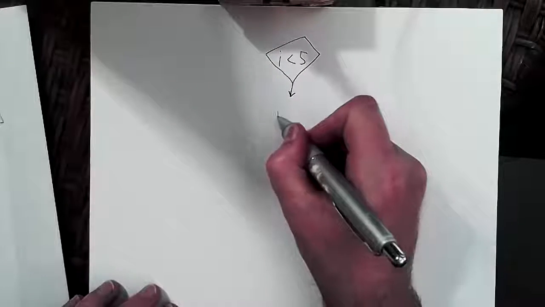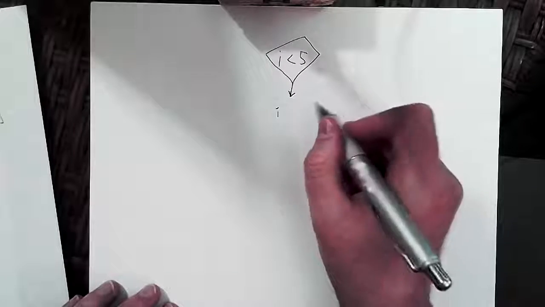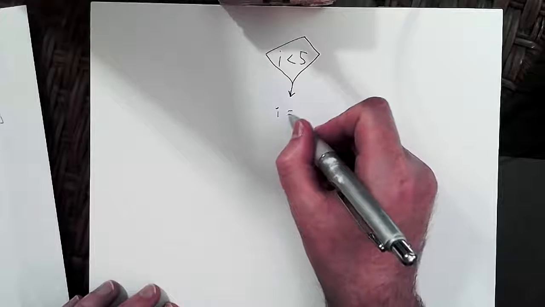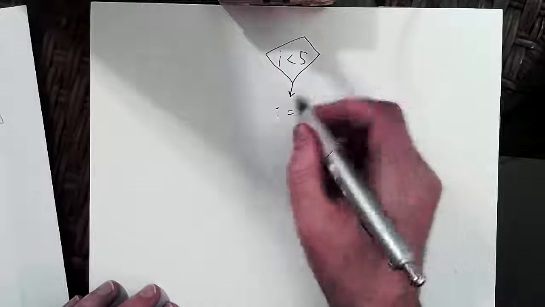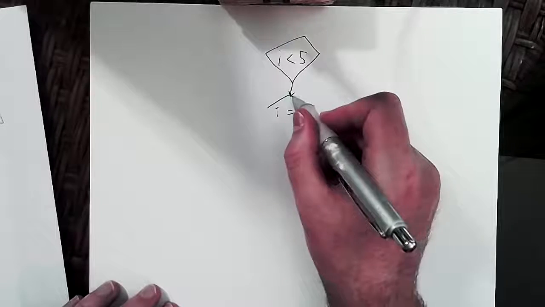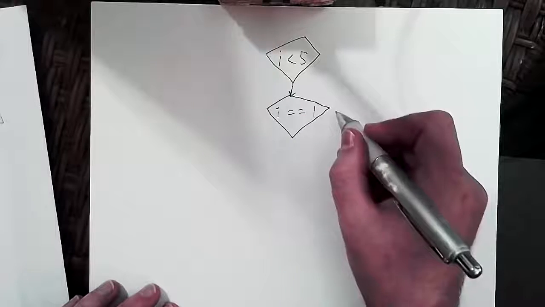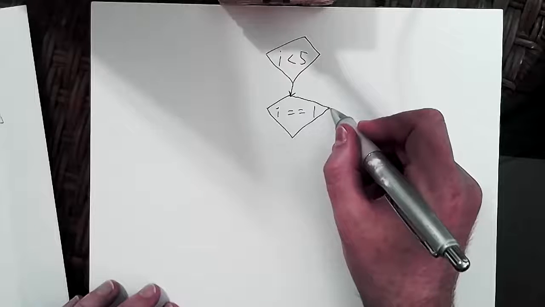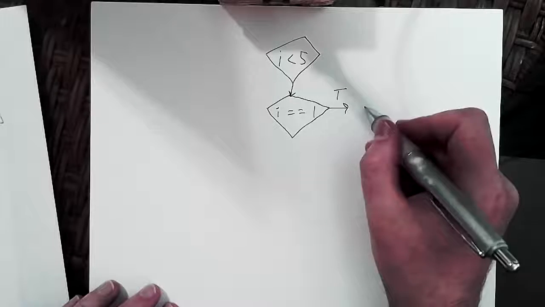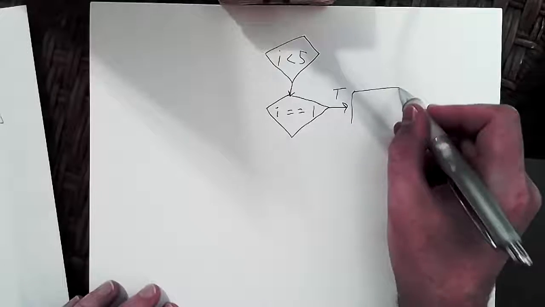We could ask, like, if I is equal to 1, say, which will only happen once. And then we could say, if it is, we'll print something different.